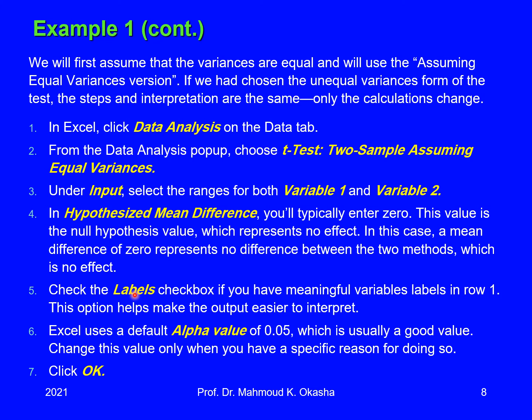Then, when putting the range of observations for variable 1 and variable 2, we included the labels in that range. You should check the labels checkbox so that Excel understands that the first row in that column contains a label, not a real observation.